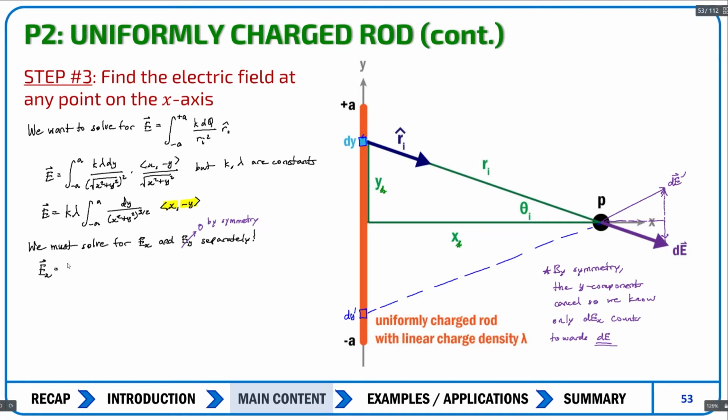I know Ex means that I just have to care about the x component. So that means I have k lambda, and I have the integral from negative a to a of x over x squared plus y squared to the power of 3 over 2 dy.